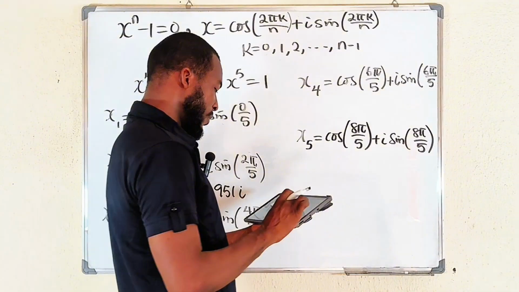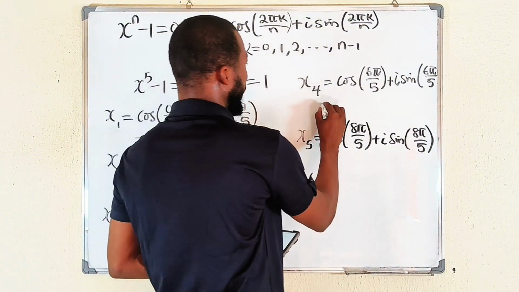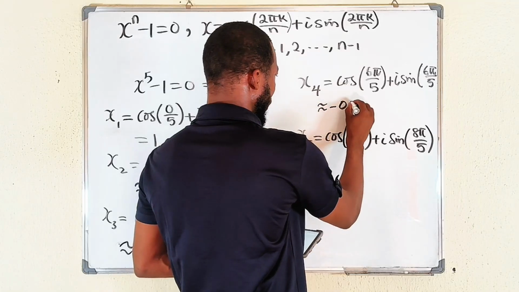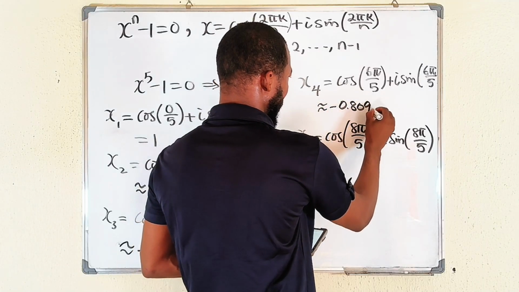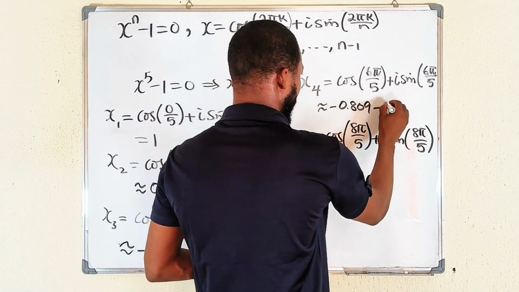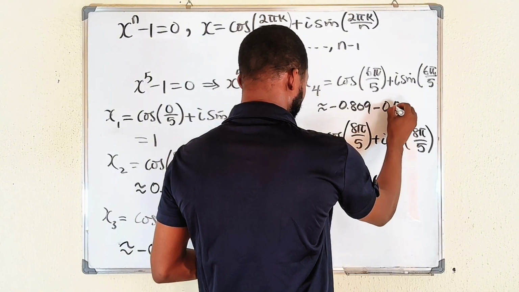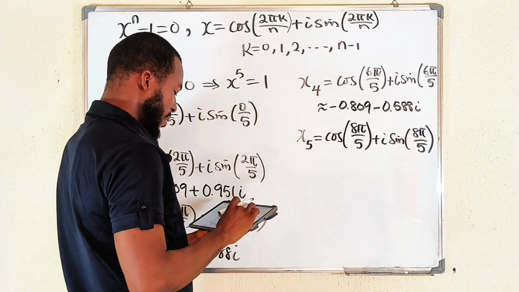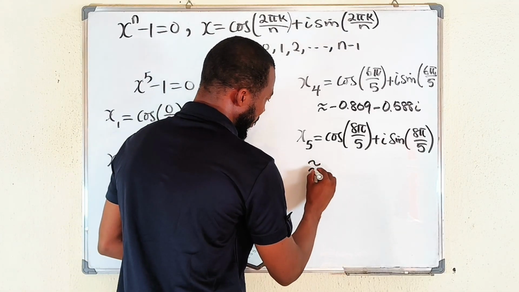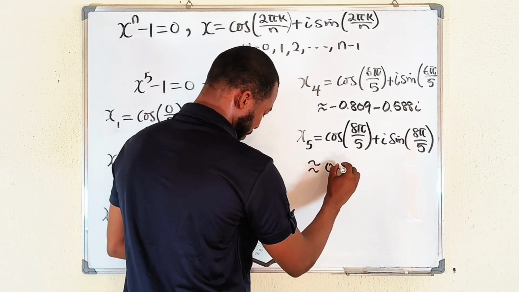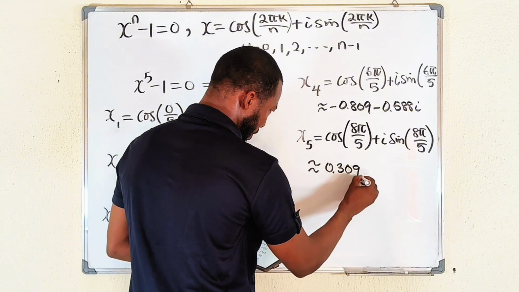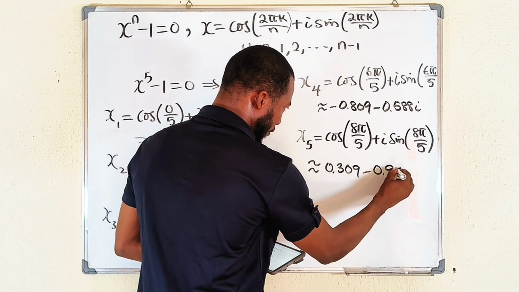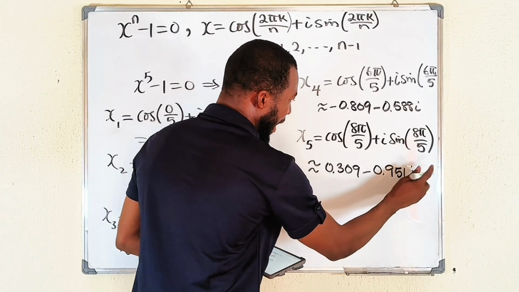Then number 4, we have approximately equal to negative 0.809 minus 0.588I. And the last one, we have approximately equal to 0.309 minus 0.951I.